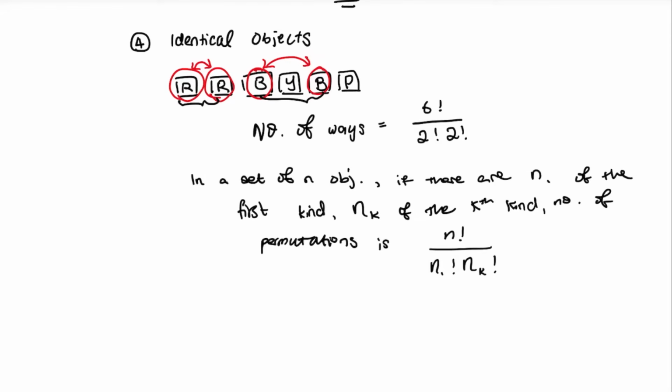As long as there are identical objects, you have to make sure that you divide, not multiply, so that you get rid of the permutations of those identical objects.